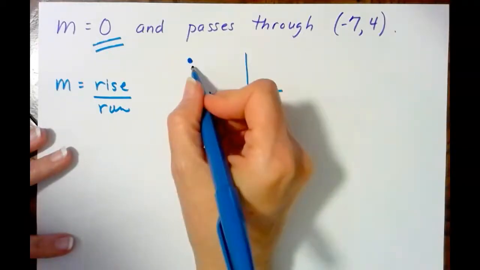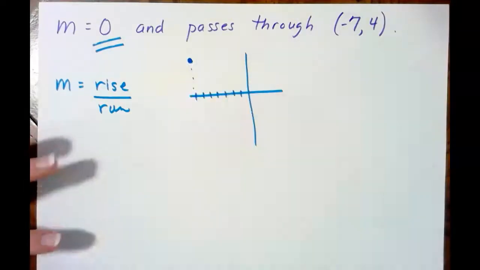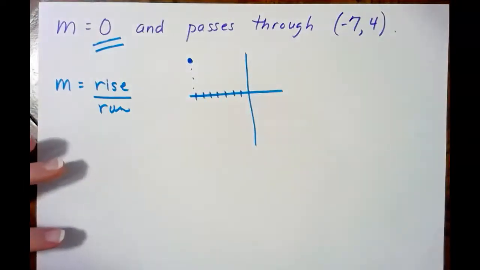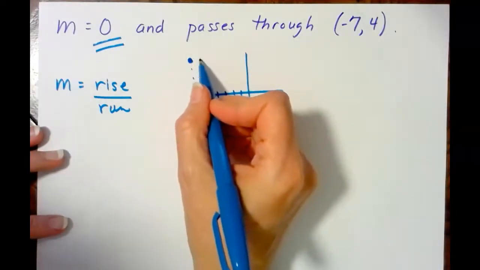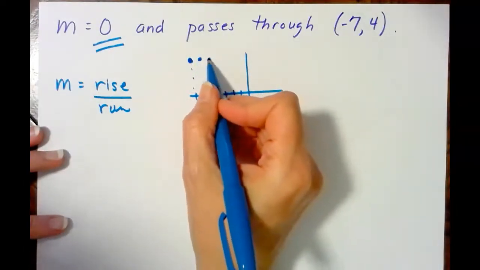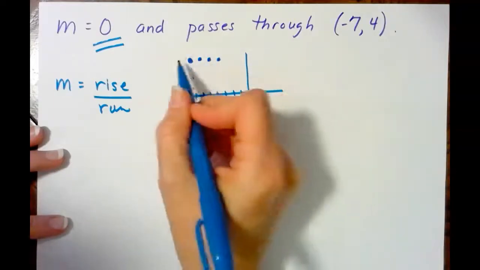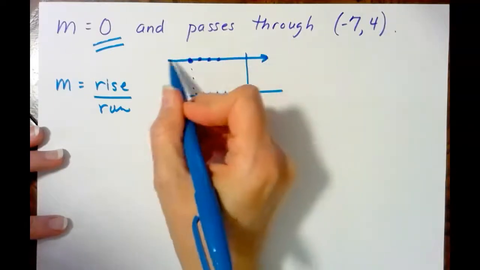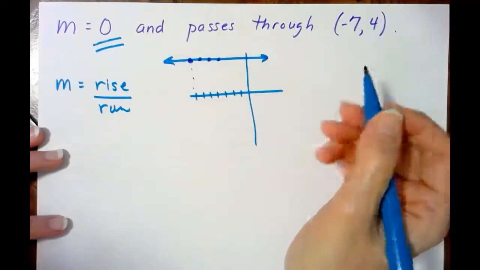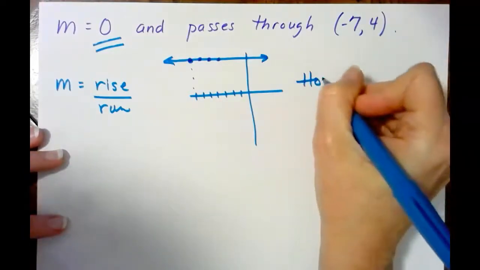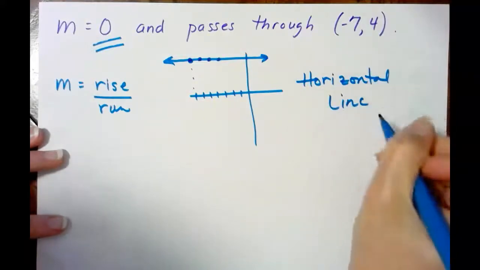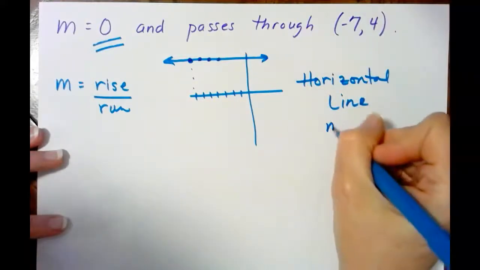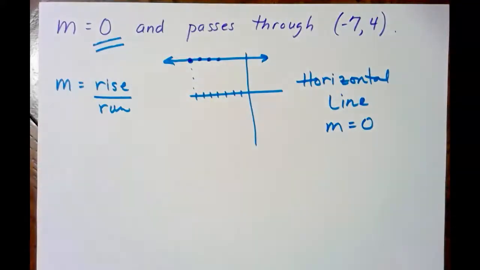So there's my point, negative 7, 4. If I use the slope and rise and run from this line, rise 0, run 1, rise 0, run 1, rise 0, run 1. What type of line has a slope of 0? Well, we are dealing with a horizontal line. A horizontal line has a slope of 0.